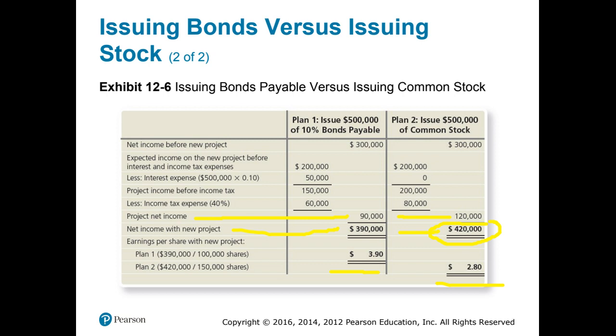Plan 1. Because the earnings per share means that per every 1 share, we're earning $3.90 versus per every 1 share, we're earning $2.80. So the net income might be better over here, but the earnings per share is better here.